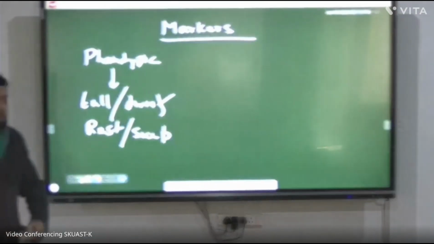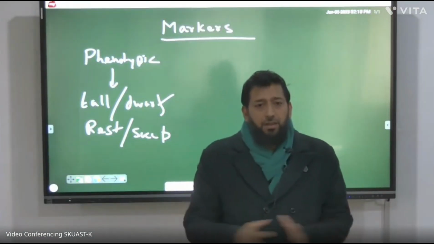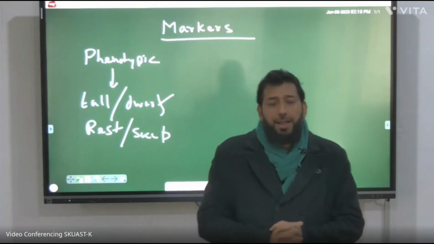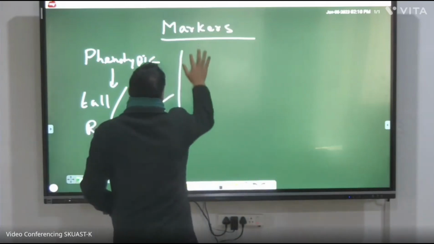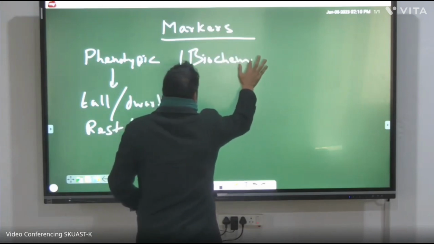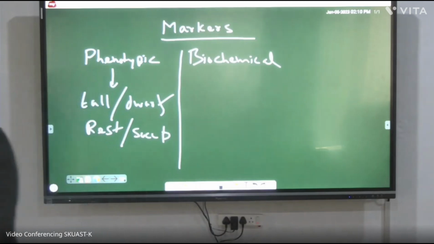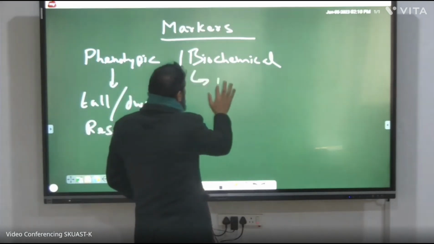Then scientists thought that this is not going to work with biotechnology because you need things fast, right? So they derived biochemical markers. They derived the concept of biochemical markers, okay, that will tell us whether a particular protein is expressed or not.